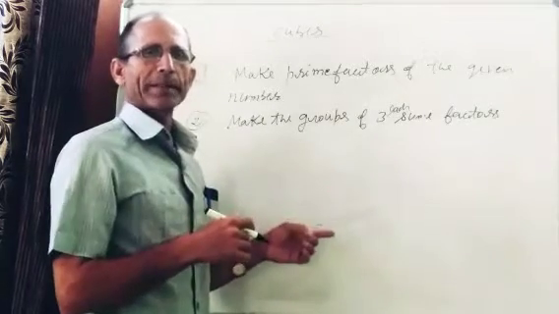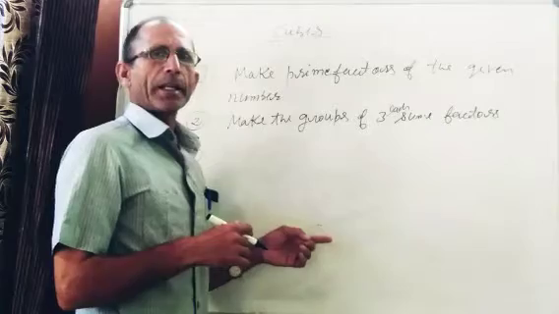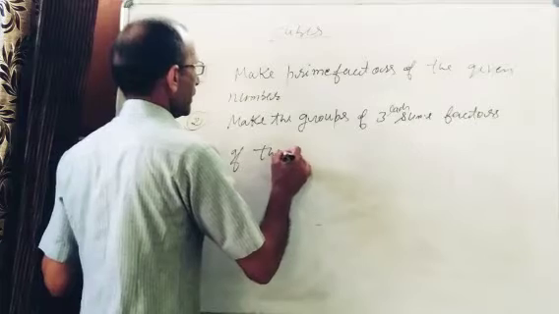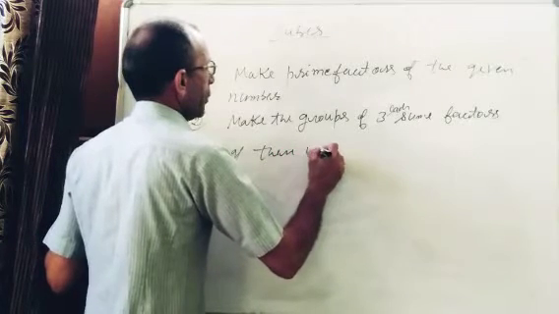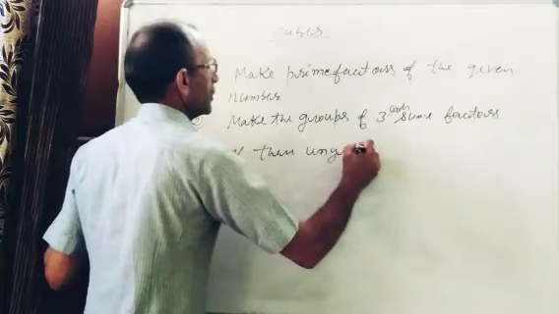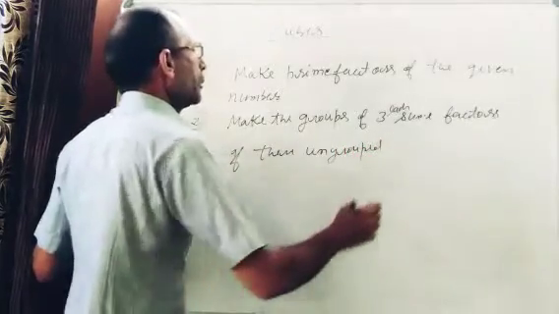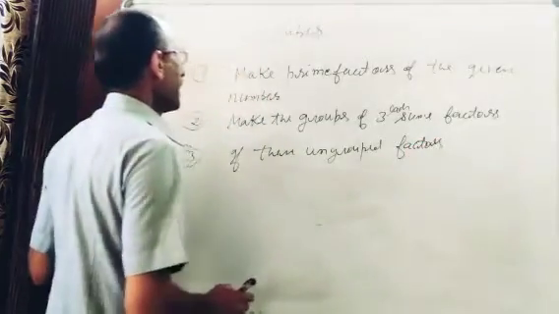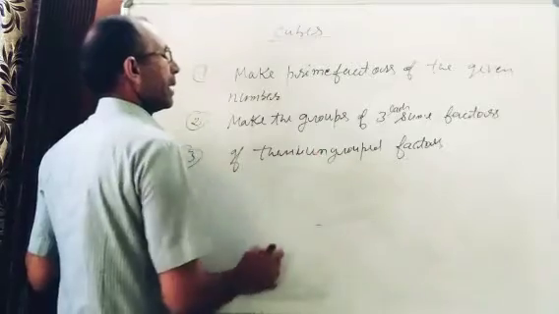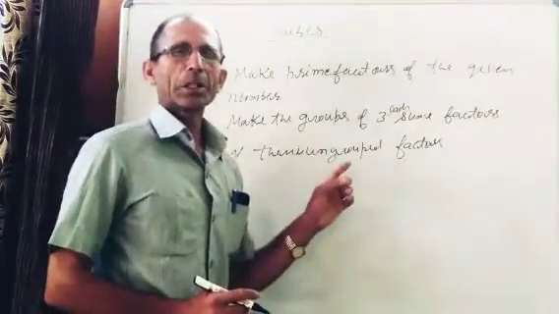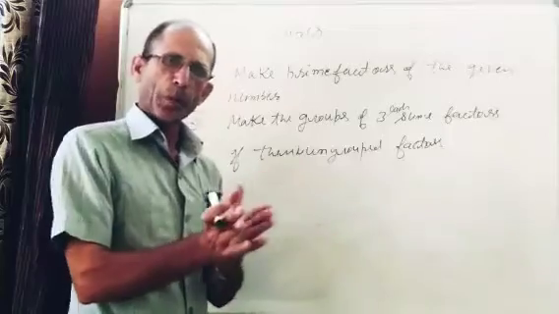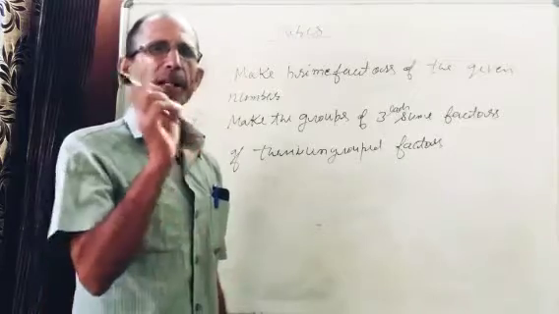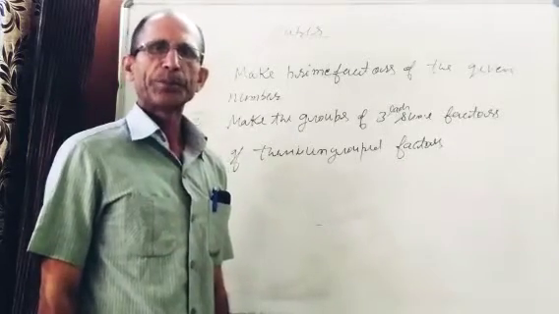After that, step number 3. After making the groups, if there are ungrouped factors, it means after making the groups of 3 factors, if some numbers are left, then the given number will not be a perfect cube.